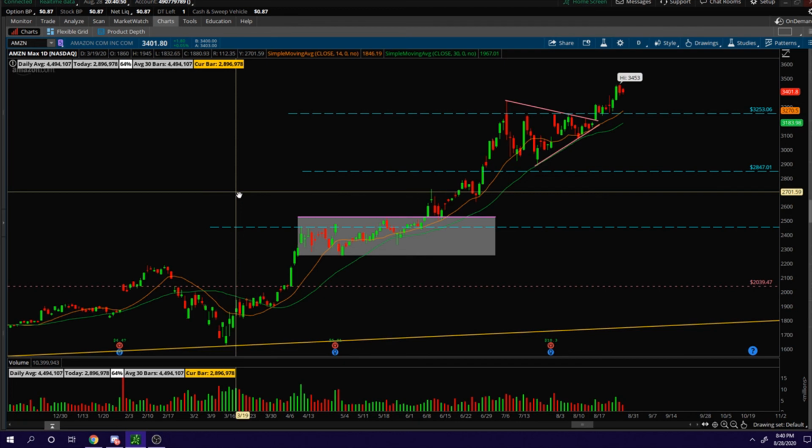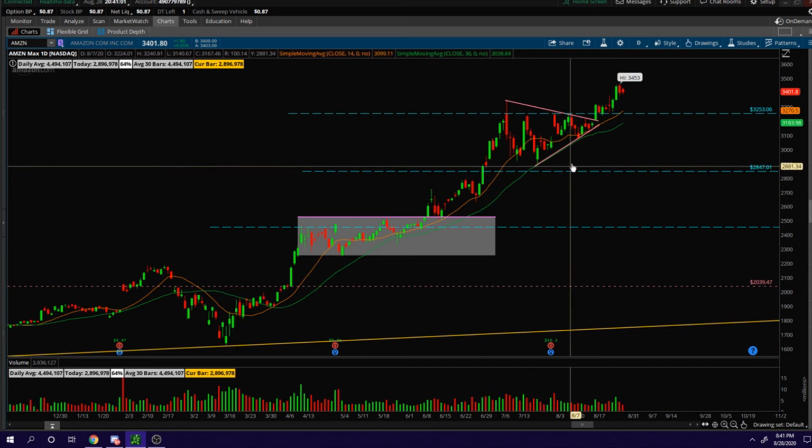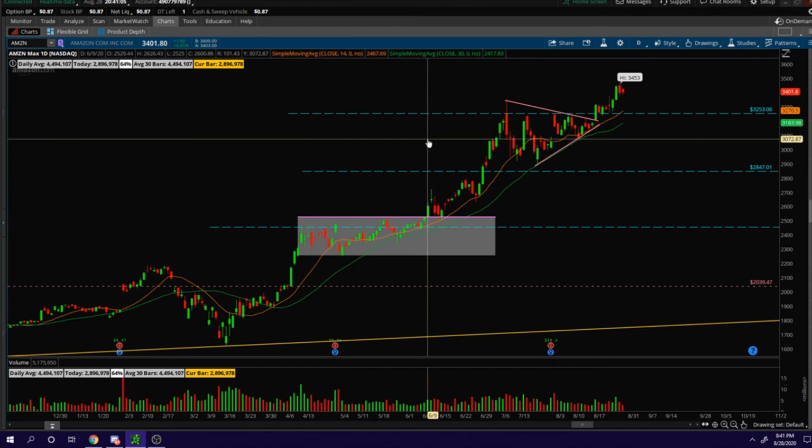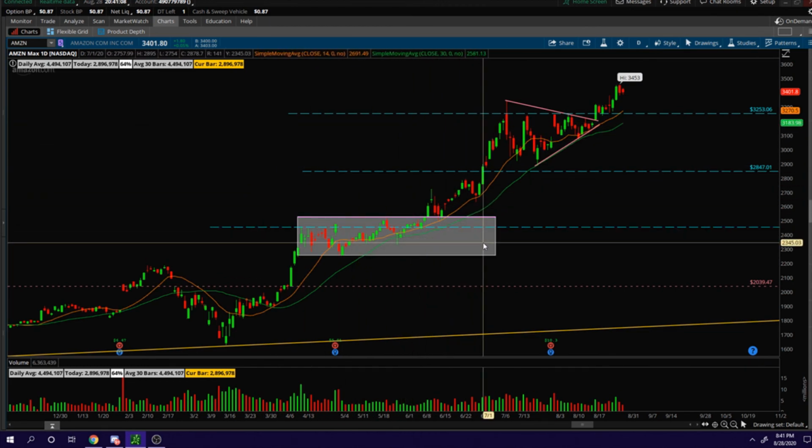Your triangles, especially your symmetrical triangle, is going to be the first pivots to the left. You wait to break that closest resistance level to the left of your breakout, because if price can get over that, then you know that the move that you want to happen is likely to materialize. That's pretty much it for this video.